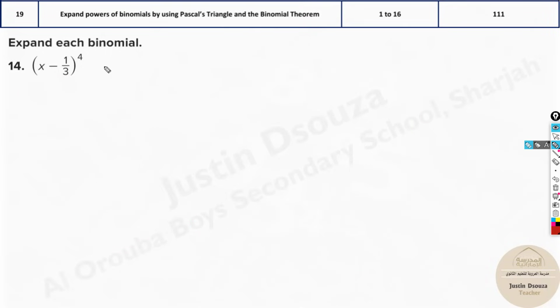Let's make it clear. So what you do is the binomial theorem. Let's write the formula. If you're doing it for the exam, please remember it's nC0 a^n b^0 + nC1 a^(n-1) b^1 + ... + nCn a^0 b^n.